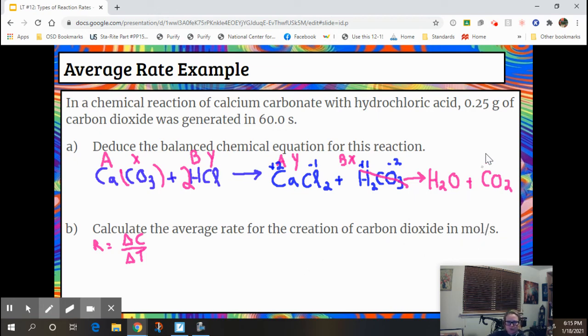So if I find the moles of carbon dioxide and divide that by the unit of time, I'll get the rate. So I'm going to get that molar mass of carbon dioxide. I got 1 carbon that's worth 12 grams per mole. I got 2 oxygens. That's going to be worth 16 grams per mole each. I'm going to add those together, and it's going to be 44 grams per mole.